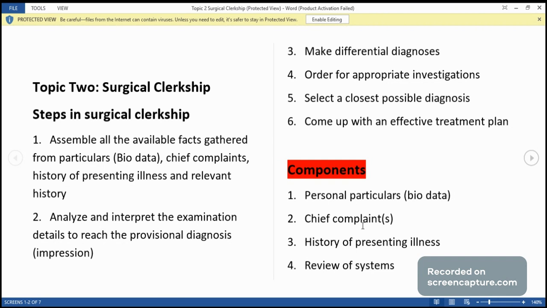So if the patient says, I have a swelling on my abdomen region, that is how it's supposed to be written. You're not supposed to give it medical or pseudo terms. You should not include hernia when the patient does not talk about hernia, because the moment you bring in medical terms, you are going to interfere with the assessment and you will be biased. So from chief complaint, we go to history of presenting illness and review of the system as we proceed.